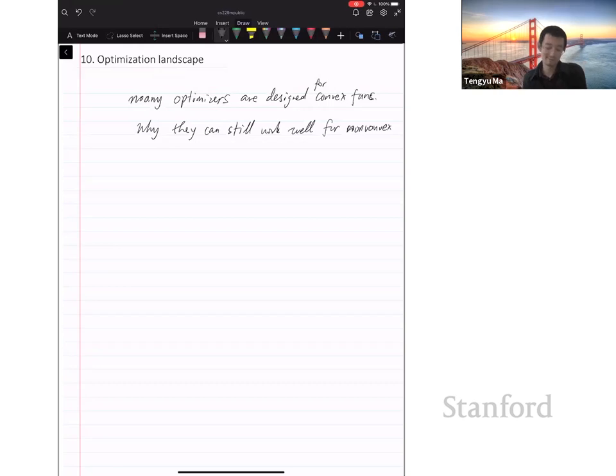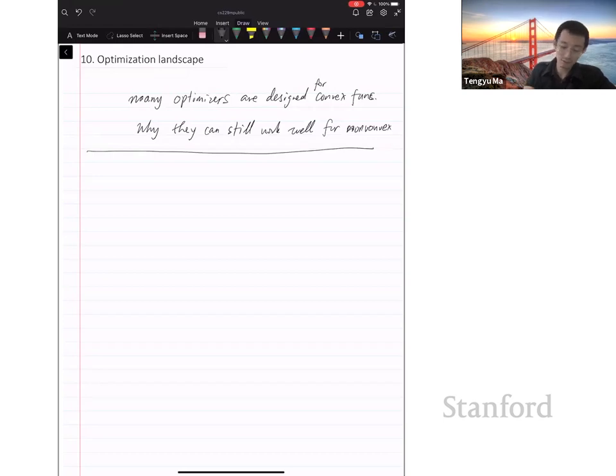Anyway, the bottom line is that in most cases, people observe that non-convex functions in machine learning can be optimized pretty well by gradient descent or stochastic gradient descent or their variants. We are trying to understand why we can optimize reasonably well. So that's the question.